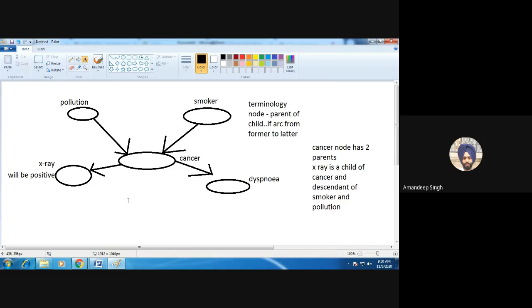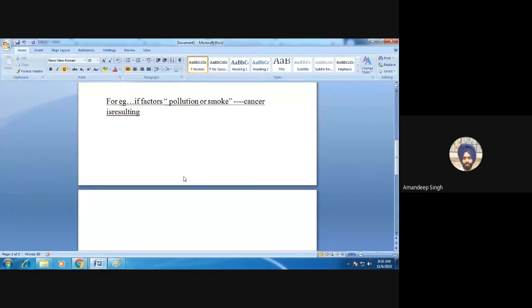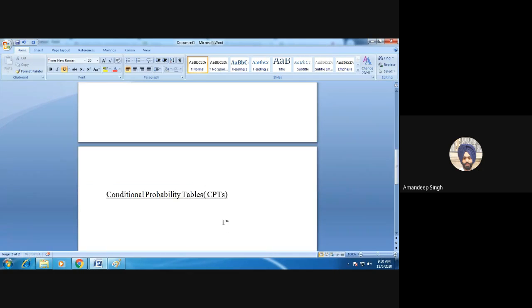Now we have with us the concept of conditional probability tables, that is CPTs, conditional probability tables. Now what is this, we will be discussing this.